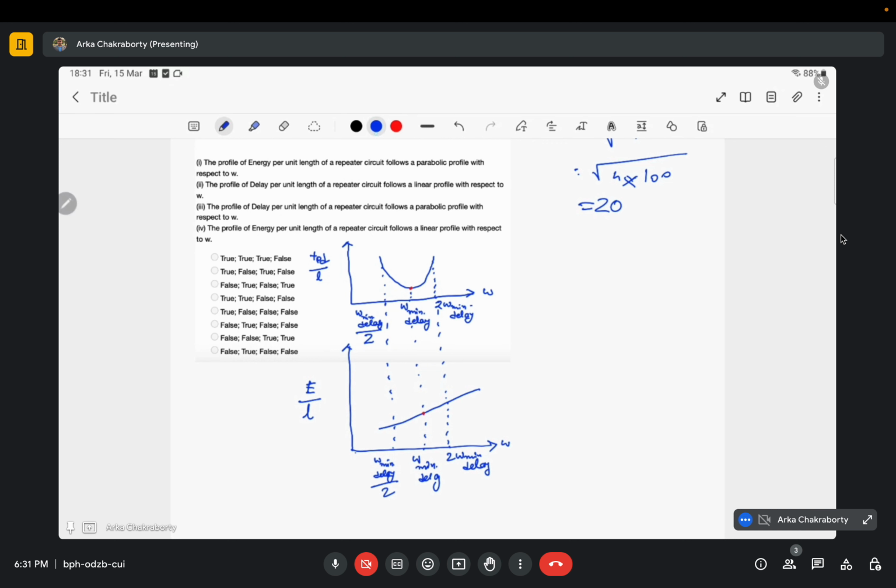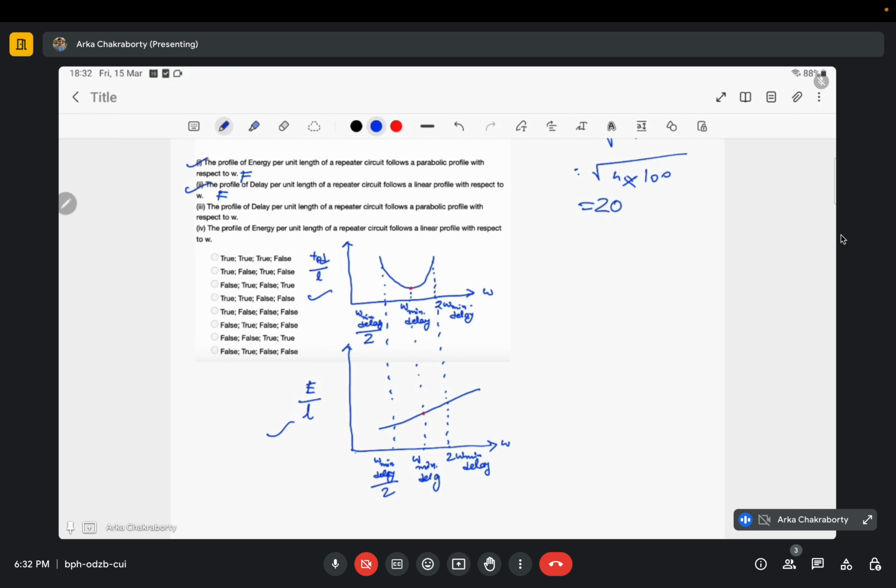So the conditions that are given: the first is the profile of energy per unit length of a repeater circuit follows a parabolic profile with respect to W. No, it is false. It follows a linear profile. The second statement is the profile of delay per unit length of a repeater circuit follows a linear profile with respect to W. It doesn't follow a linear profile, it follows a parabolic profile, so it is also false.